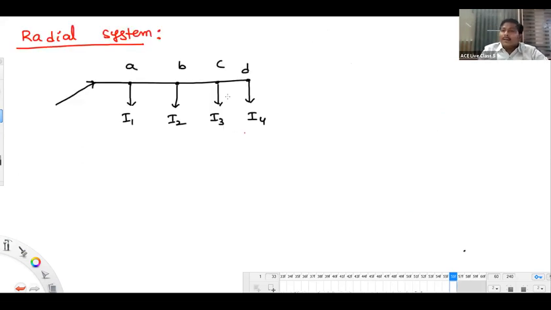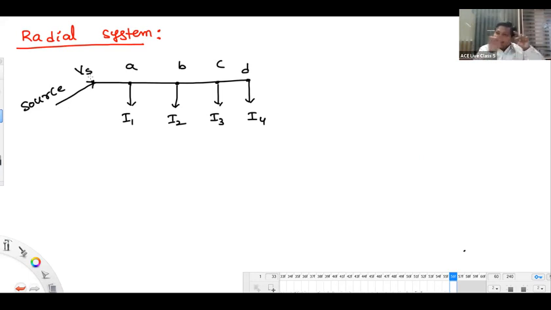But we are talking about a DC system right now, so there is no meaning of power factor. That's why I'm showing simply currents as I1, I2, I3, I4. And this is a source location, with a voltage of Vs. Let us expand this diagram to get some idea. Actually, we are not having only one wire running.